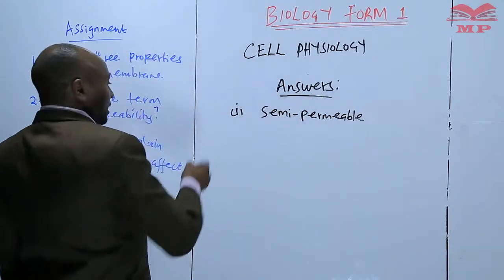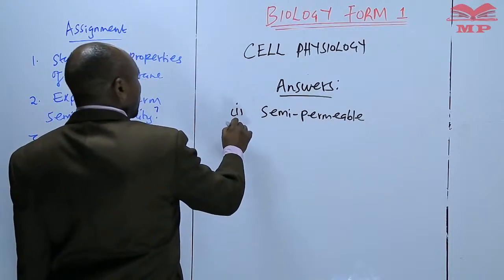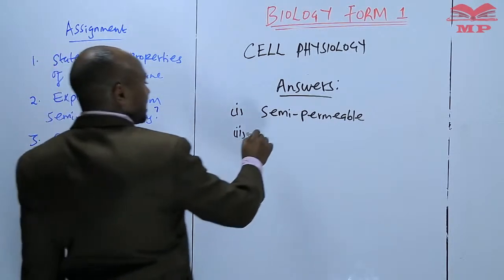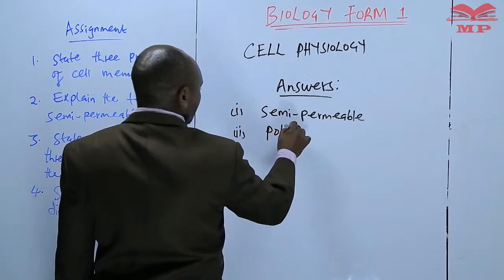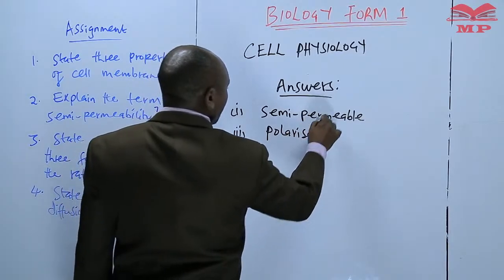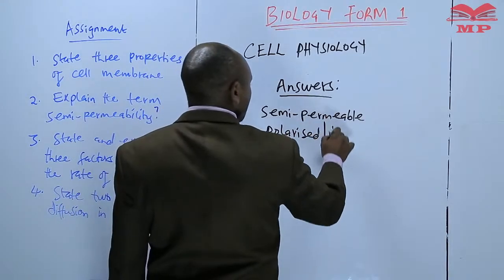Number 2, the cell membrane is polarized, meaning that it has charges.